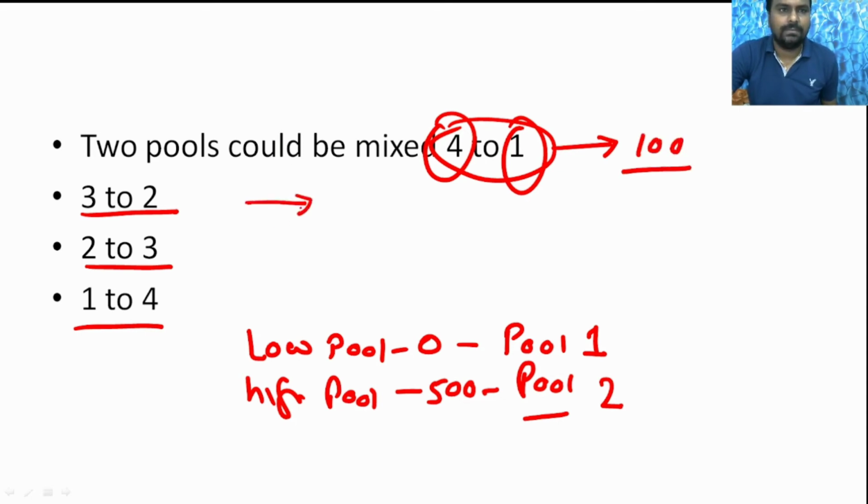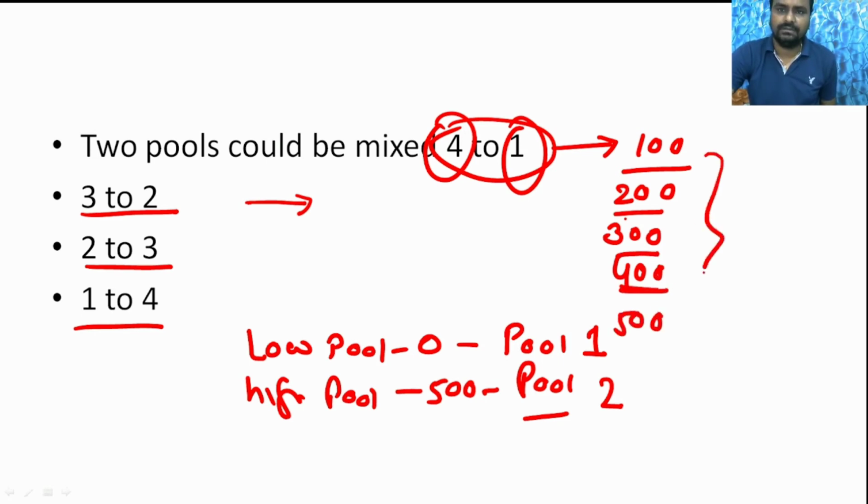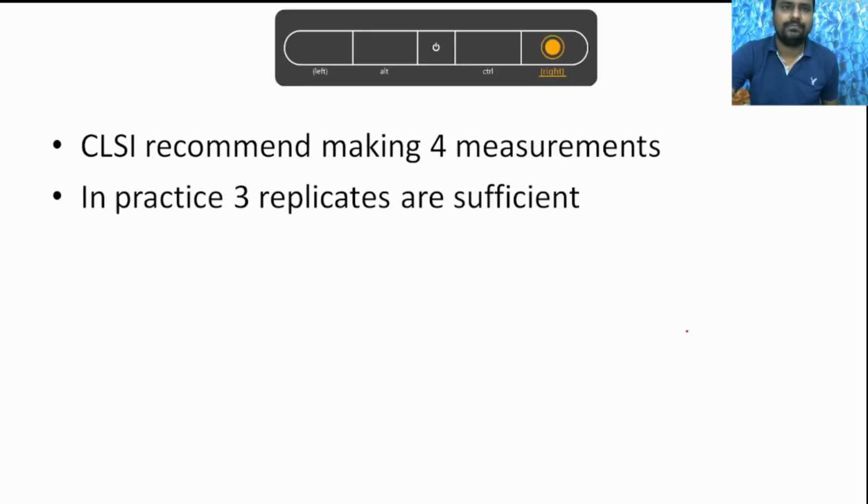When we take 3 parts of pool 1 and 2 parts of pool 2, the value will be 200. Same way you will get the concentrations of 300 and 400. So now we have 5 different concentrations, right?